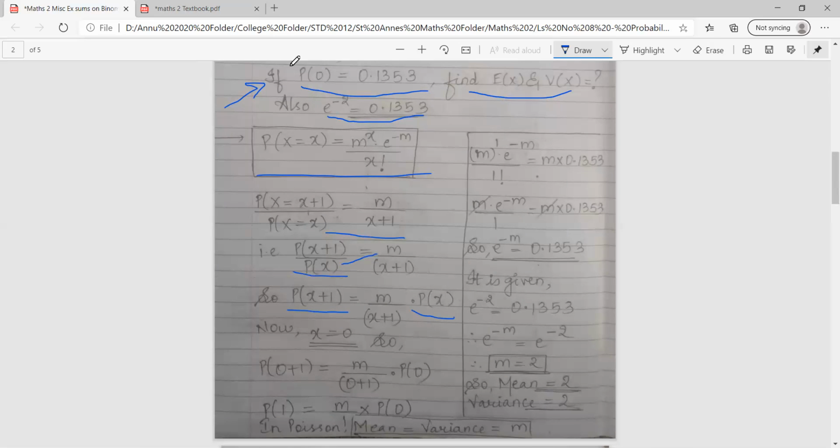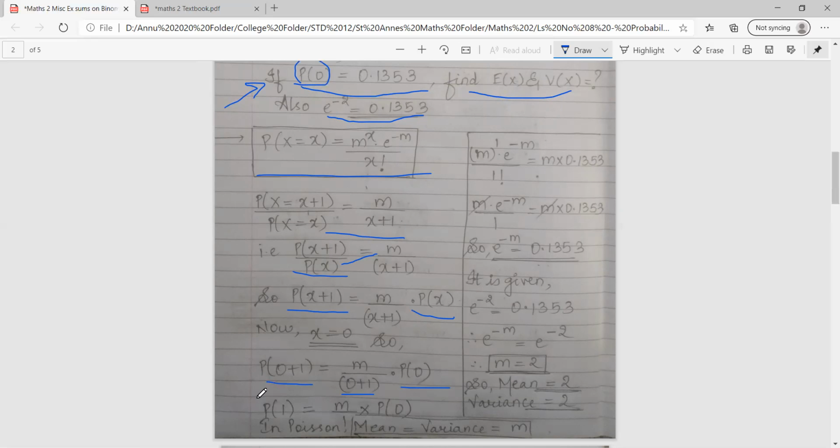Now in the question, p of 0 means x ka value is equal to 0. So I'll substitute everywhere wherever I can see x to be as 0. So I'll get p of 1 is equal to m upon 1 into p of 0.